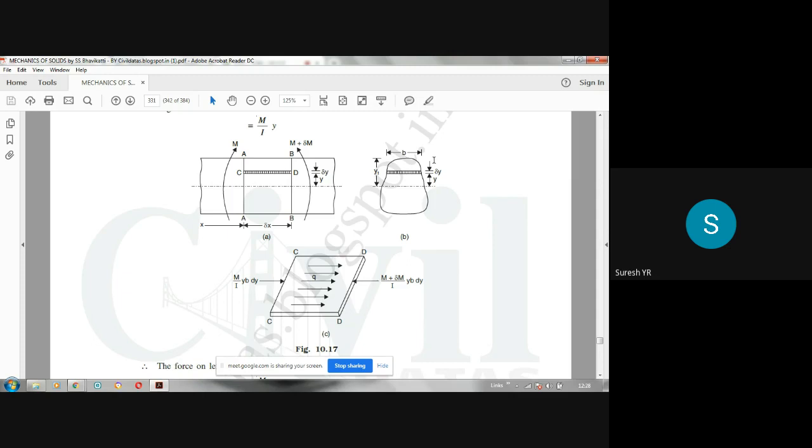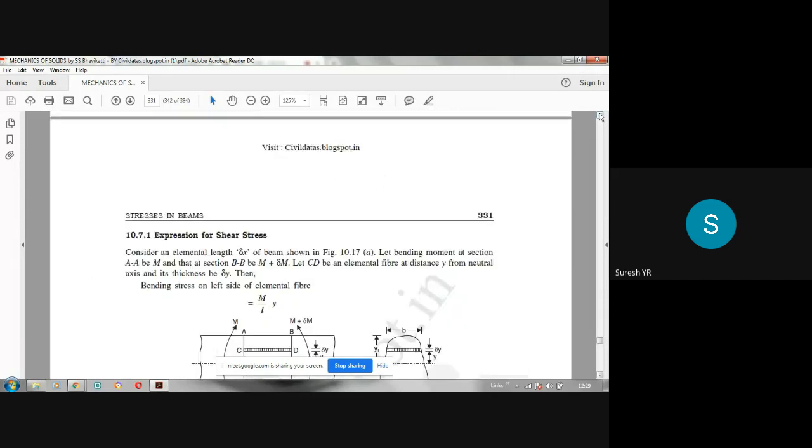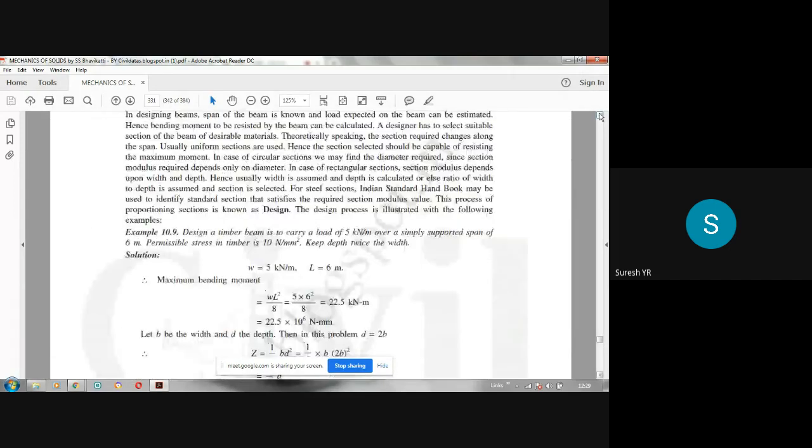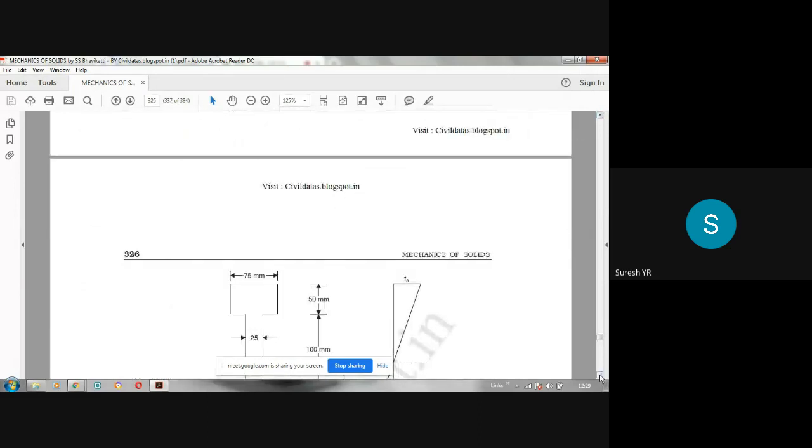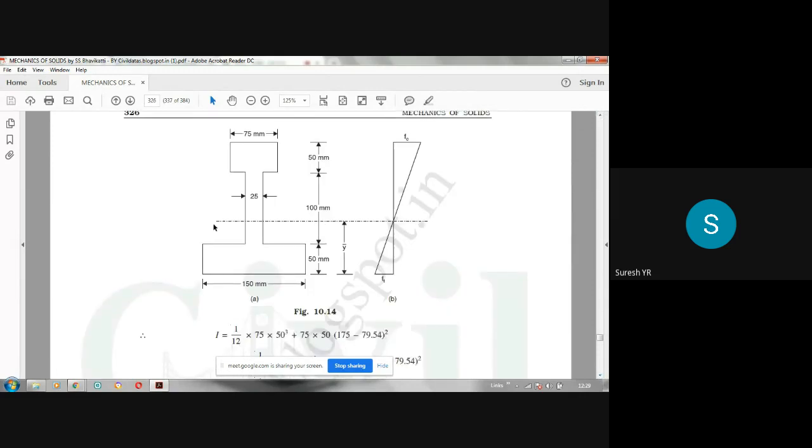Now let us see where the shear stress is maximum and where it is minimum, and how it varies across the cross section. Just like bending stress, how it varies, I explained in the last problem with a T section. Here is the bending stress diagram.